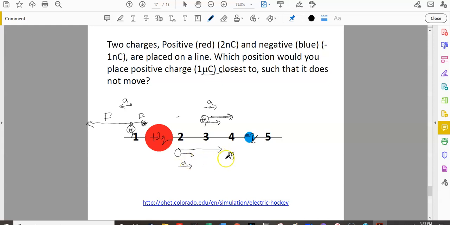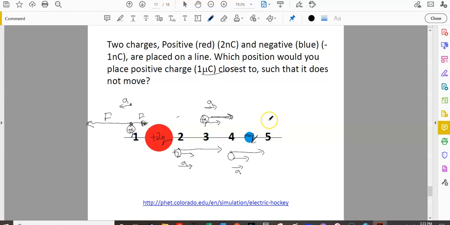The same thing is going to happen here with that positive Q. Here, if you place it right here, it's going to have a large force to the right due to this negative Q, and then another force to the right due to the repulsion force of this 2Q, which again is going to result with an acceleration to the right. So 2, 3, and 4 are all going to result with an acceleration to the right.